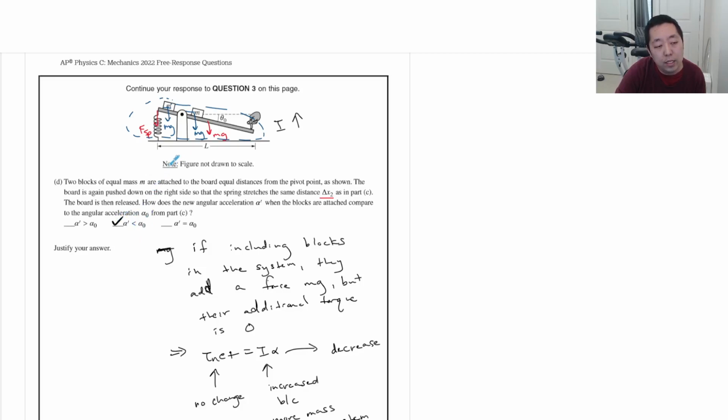Now, why is it that I can't just do the system of the board? That would be more complicated, because if you do the system of the board, let me just illustrate why that matters. If you're doing the board, then it's not mg that is exerted here. It's a normal force from the block. And how would you calculate the normal force from that block?